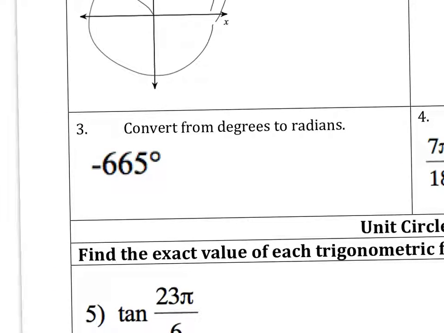Converting from degrees to radians, we're going to multiply by pi divided by 180. I can reduce this by dividing by 5. 600 divided by 5 is going to be 120. 660 divided by 5 is going to be 132. Another 5 is 133.